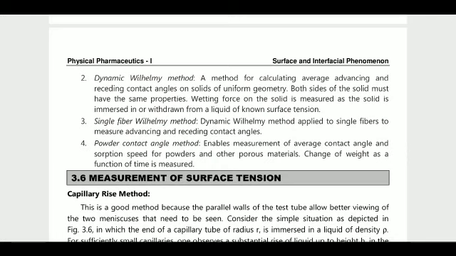Wetting force on the solid is measured as the solid is immersed in or withdrawn from a liquid of known surface tension. Third method is the single fiber Wilhelmy method. The dynamic Wilhelmy method is applied to a single fiber to measure advancing and receding contact angles.